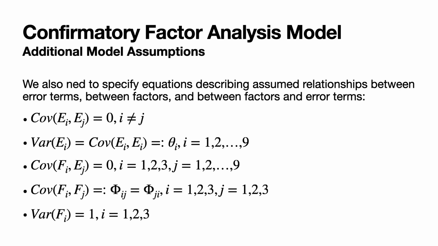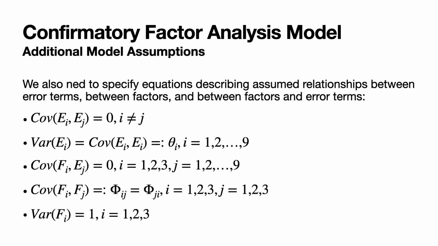In the first bullet point, we see that we are setting the covariance between each pair of error terms equal to 0. And so we are not allowing the error terms to be correlated. In the second bullet point, we are assigning notation to the variances of the individual error terms, theta i being the variance of error term i.